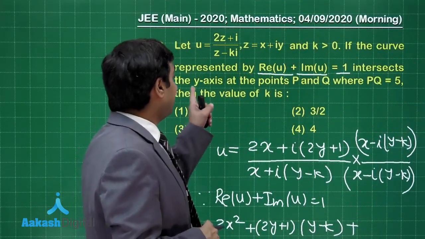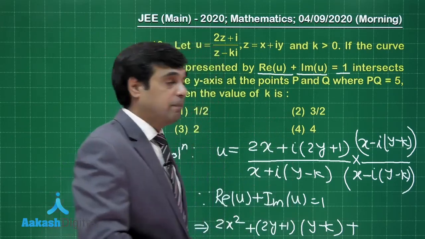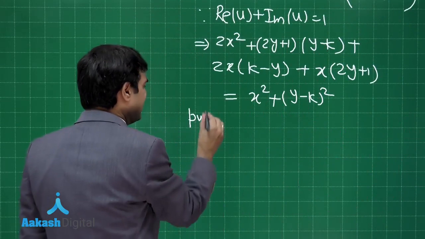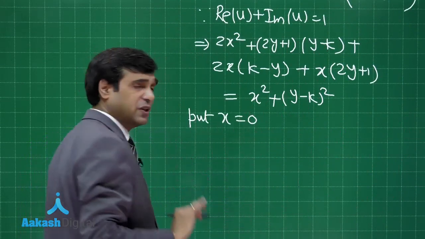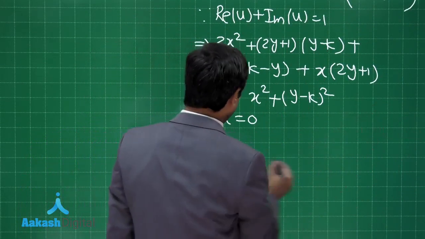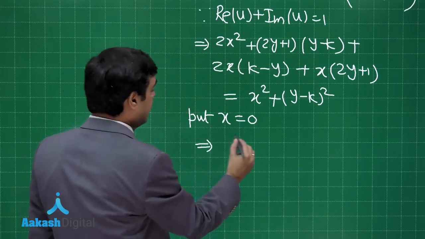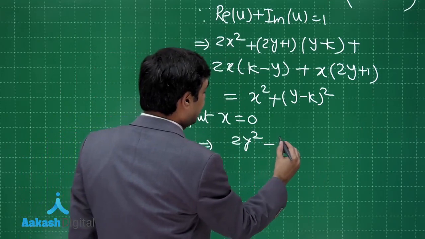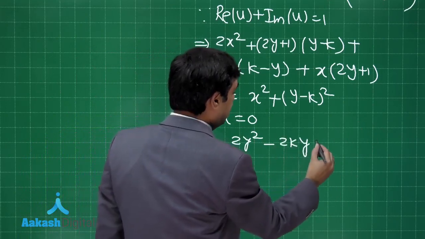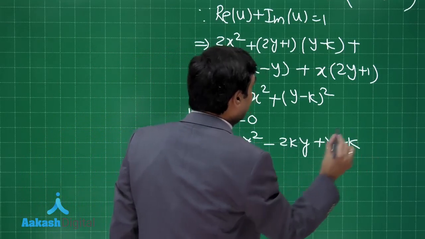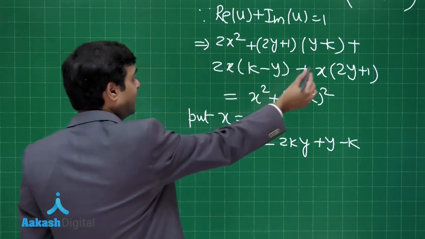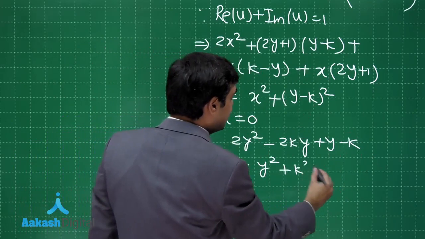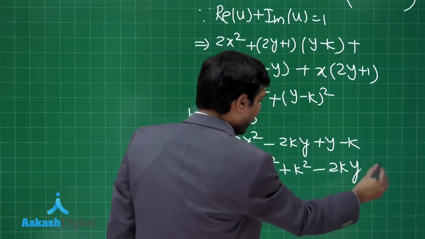It is given that it intersects the y-axis at 2 points P and Q, meaning we need to put x equals 0 in this curve. Instead of simplifying, just put x equals 0 here itself, so that it changes to 2y square minus 2ky plus y minus k equal to y square plus k square minus 2ky.